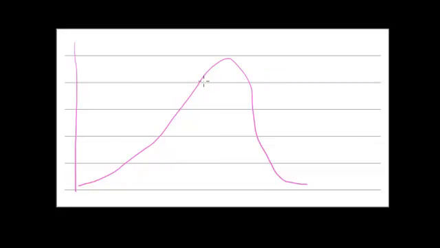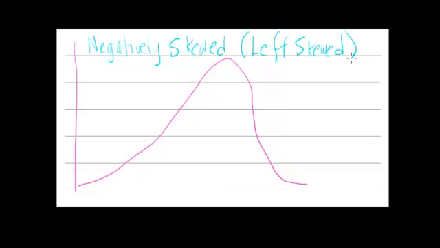And in this case, there is a long left tail in the data. This is what we call negatively skewed. Another name for that is left skewed, because it has a long left tail. This side is longer and then it drops off quickly over here.